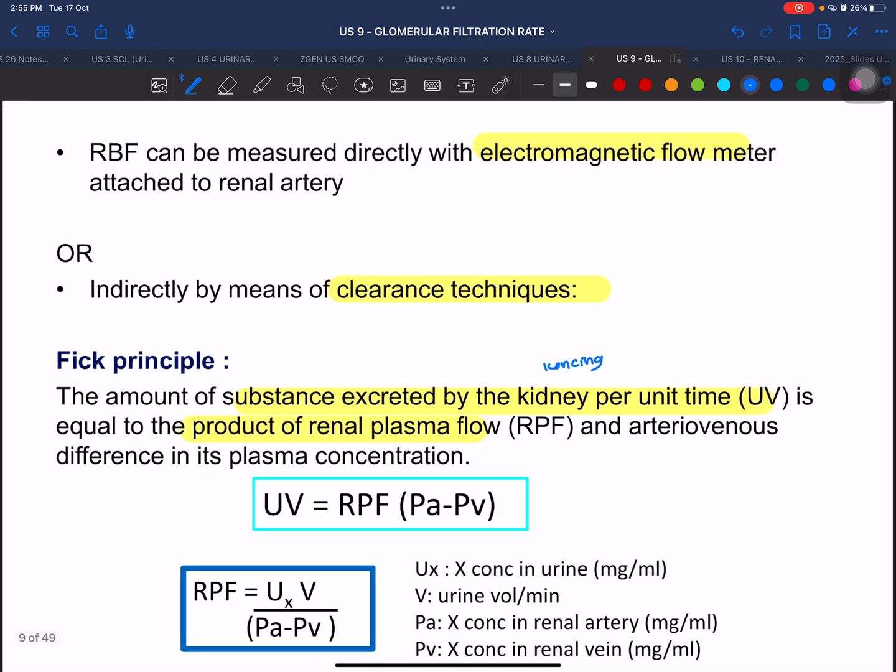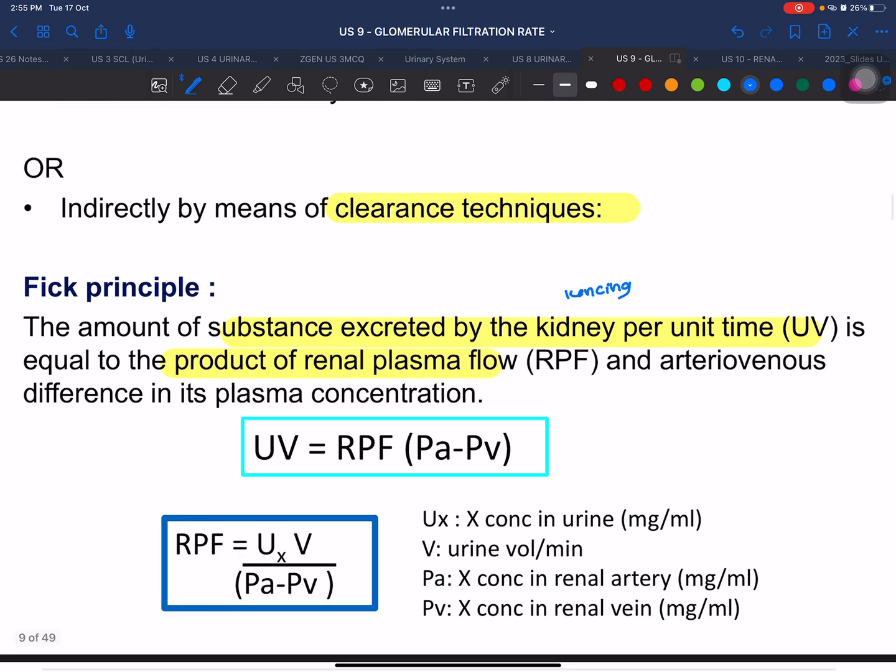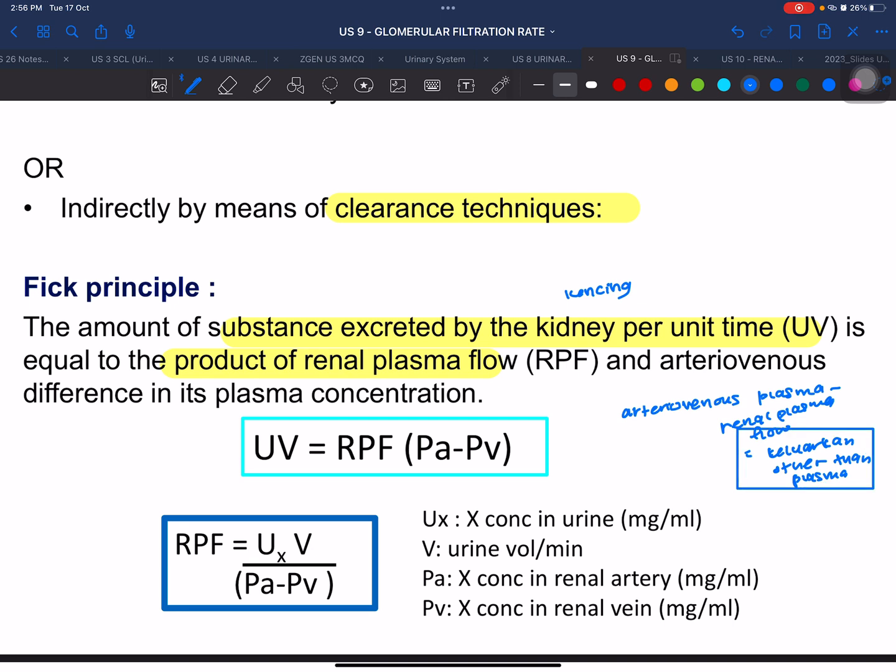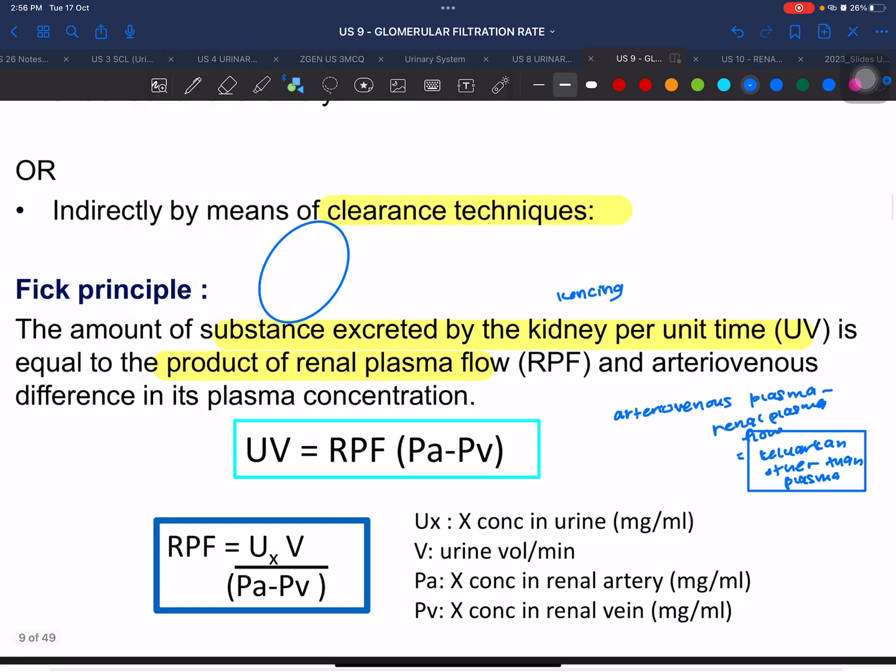So in calculation, the renal plasma flow equals Ux, the concentration of substance X in the urine, in milligrams per ml, times the urine volume per minute, divided by the difference in concentration between the renal artery and the renal vein. This calculation will give you the renal plasma flow.